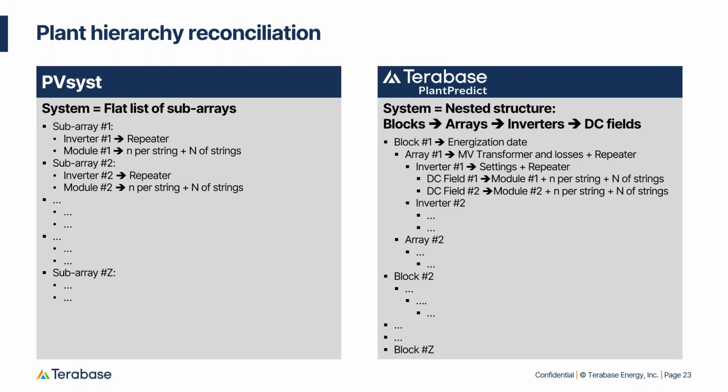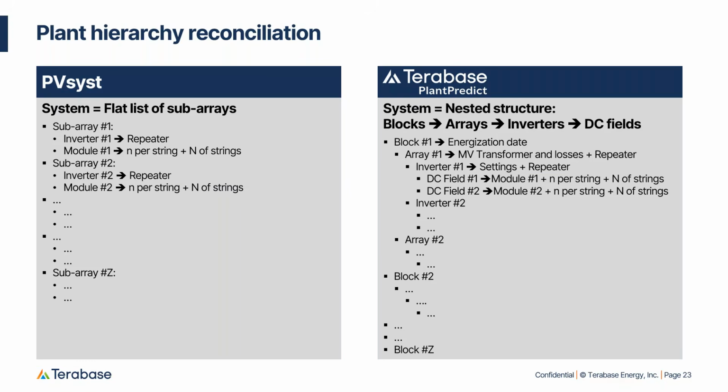For each subarray, there is one inverter that can have a repeater. And for each of these inverters, you have a module type, a number of modules per string, and a number of strings. You have subarray 1 with 7 inverters with that module, 30 modules per string, 200 strings. Then you have subarray 2 with inverter number 2, module number 2, and so on.